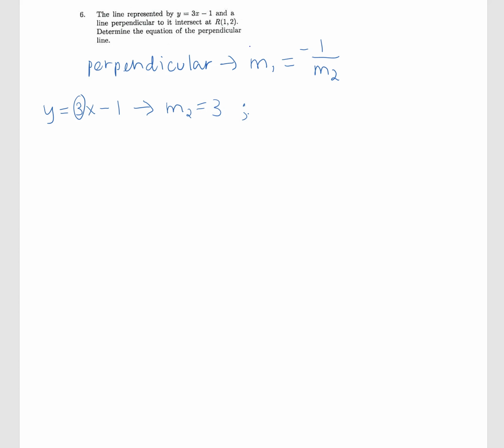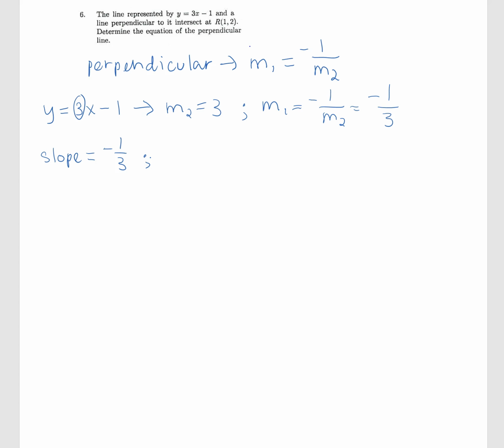So if we use the equation I've written above, we can find the slope of the line perpendicular to this, or m1, by saying that this is equal to the negative reciprocal of m2. So this is equal to negative 1 over 3. So this means that the slope of the line we're interested in is equal to negative 1 over 3.